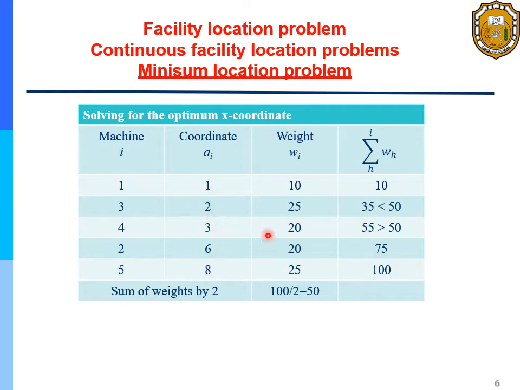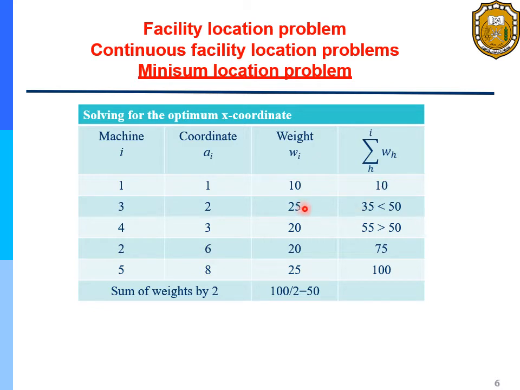Okay. And the weight corresponding to each one of these facilities are written also here. Then what we do, we calculate the sum of the weights, which is 100, and divide it by 2 to find the half of it, which is 50. Then in this last column, we just calculate the partial sum. For the first one, since it is the first, the partial sum is exactly equal to its weight.